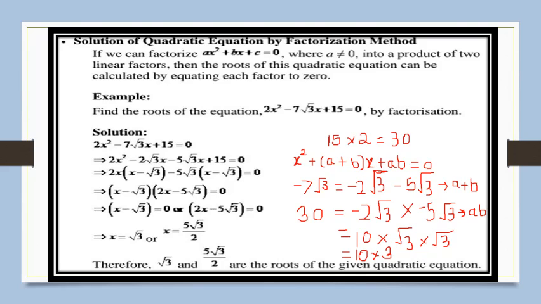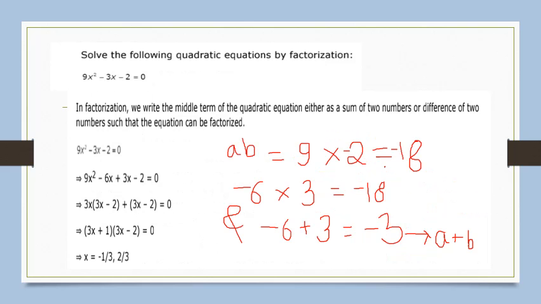Therefore the remaining terms are 2x minus 5 root 3 equals to 0. So either one bracket equals to 0 or the second bracket equals to 0. So that gives you x equals to root 3 or x equals to 5 root 3 upon 2, and therefore root 3 and 5 root 3 upon 2 are the roots of the given quadratic equation.